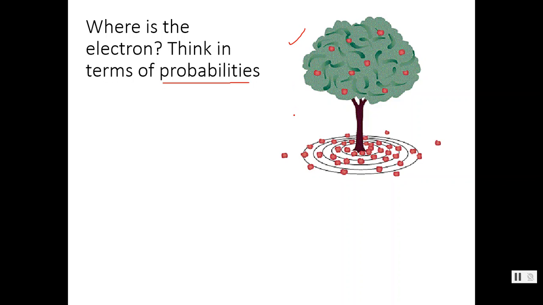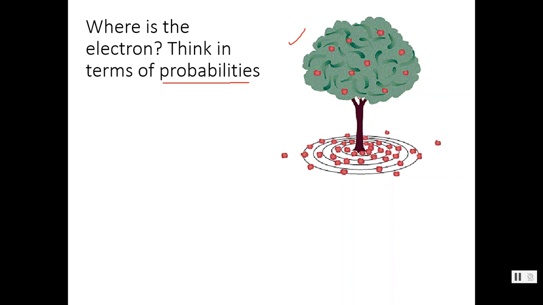Let's call it an apple tree. If I was to ask you where an apple will fall from this apple tree, once it falls off the tree, there's going to be some guesswork involved. There's going to be some probability involved. You're going to need to know something about which apple I am talking about, how many apples there are, and how far away from the trunk the apple is.